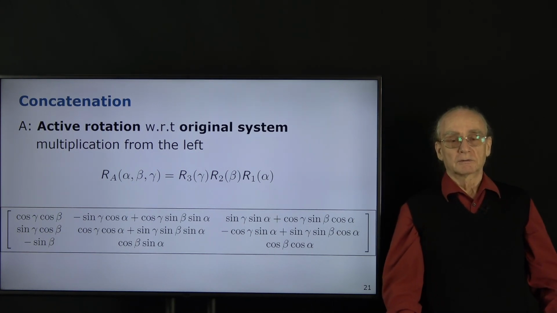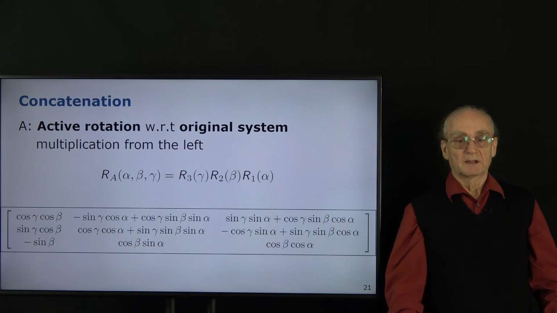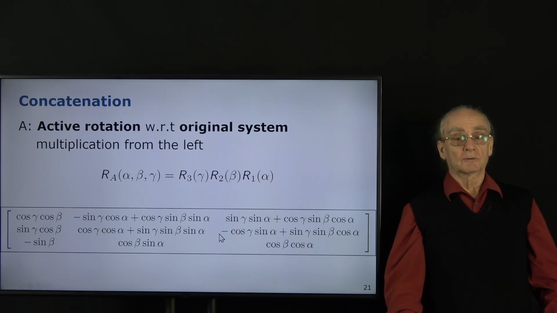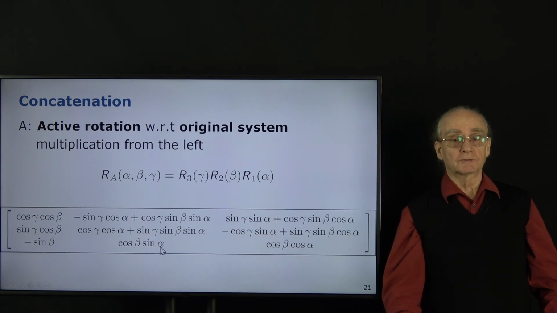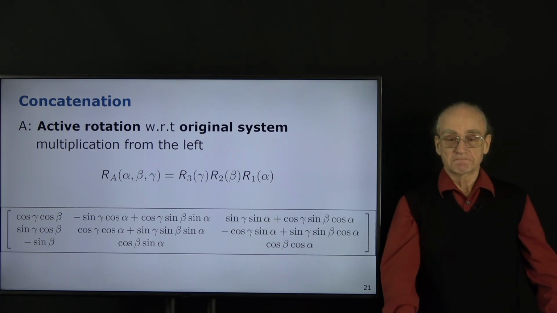Now don't try to remember this, but we have to remember a little bit about the structure. We see that the angle beta occurs as only angle in this expression. And then we have products of 2 trigonometric terms in the corresponding row and column. And the other 4 elements are sums of products of cosines and sines.